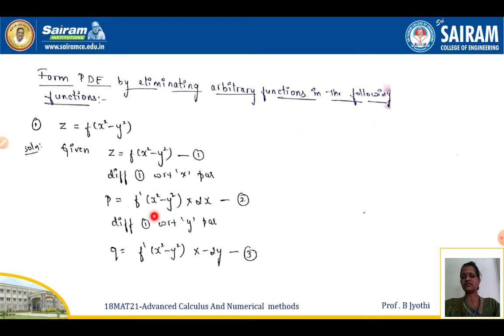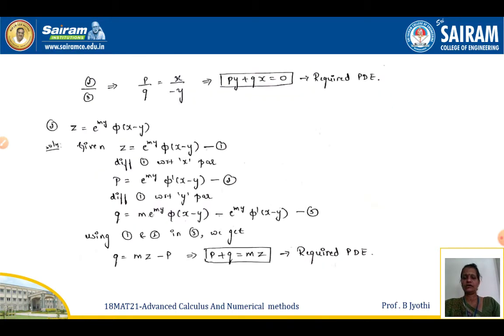Similarly, differentiate the first equation with respect to y. So dou z by dou y, which is q, is equal to f dash of x squared minus y squared multiplied by minus 2y, because the derivative of x squared minus y squared with respect to y is minus 2y. Let's call this equation number 3.